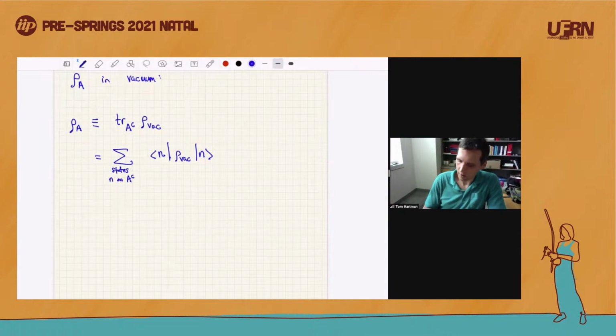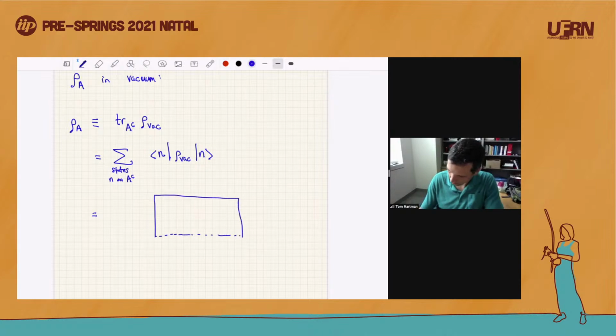If we write this now as a path integral, what does this say? So let's put in our rho vac. So that looked like this. Now we need to specify region A. So let's say region A is here.